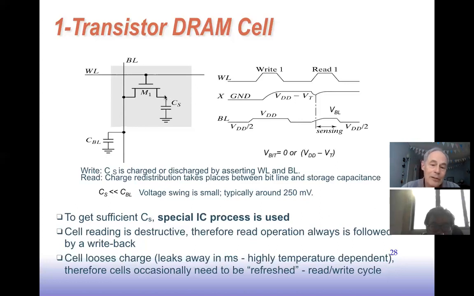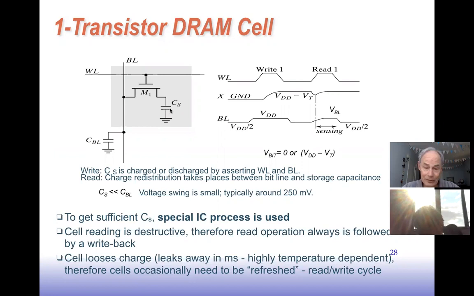The read operation is actually to read the value and then send it back, drive it back on the bit lines, and then do a write. Or keep the word line on and drive it. Once we sense a value, we send that value back on the bit lines, and then reestablish the value on the capacitor of the bit cell. So read operations are always followed by write back.